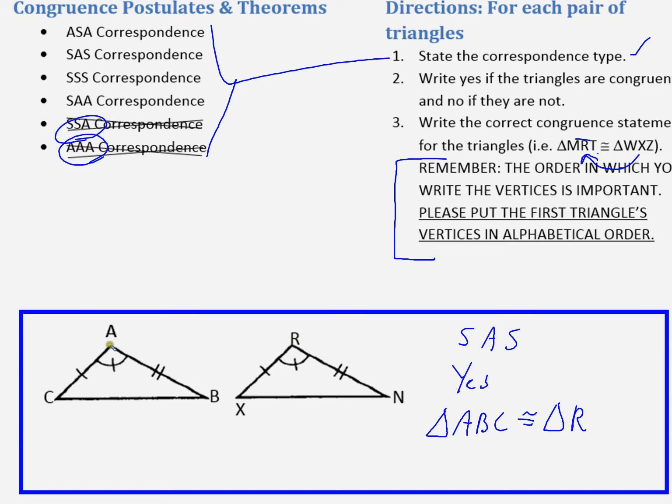It goes from A to B. Well, that's this double marked segment, so we're going to go from R to N because it's a double mark. And then it obviously has to be an X last. So the correspondence type is side, angle, side. That is a way to prove triangles are congruent. So yes, they're congruent, and this is the congruence statement.